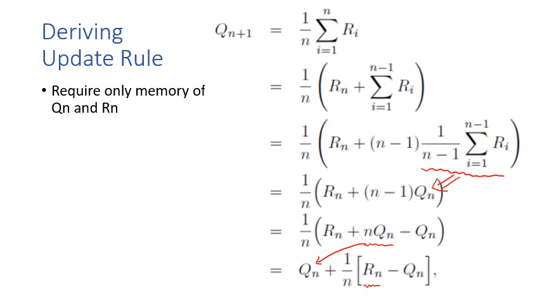So if we have this update rule, we only need to remember two or three values: the Qn, the number of time steps, and Rn, which saves a lot of memory.